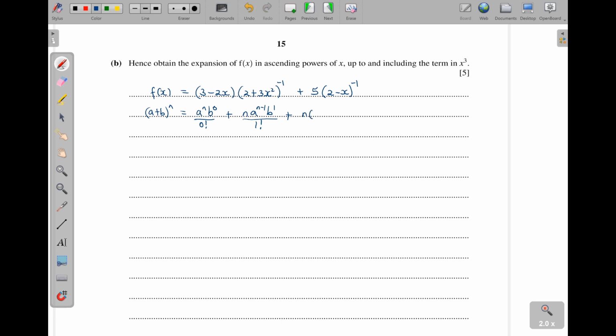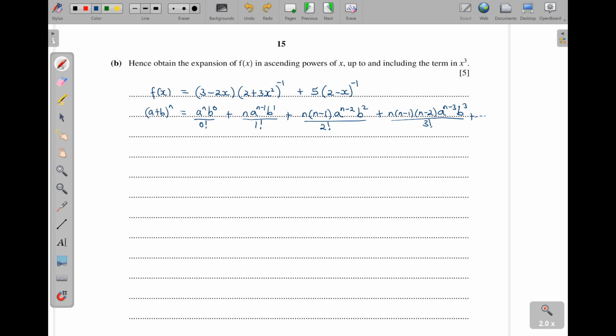We shall have n into n minus 1, then a power, this will be n minus 2, and then b to the power of 2 out of 2 factorial. Then I can proceed, put this one here. So we shall have n into n minus 1, then n minus 2. Then a will now be the n minus 2, subtract a 1, it will be n minus 3. Then b to the power of 3 out of 3 factorial, like that. You continue. But we are interested in the terms that end up to x power 3.